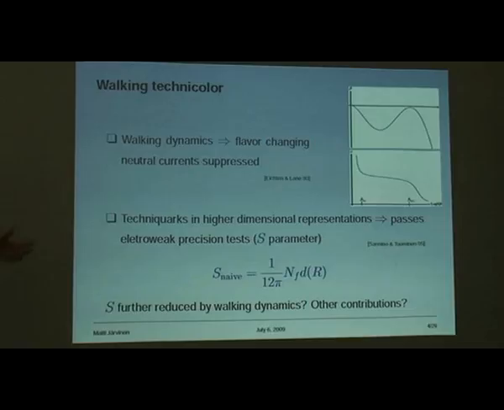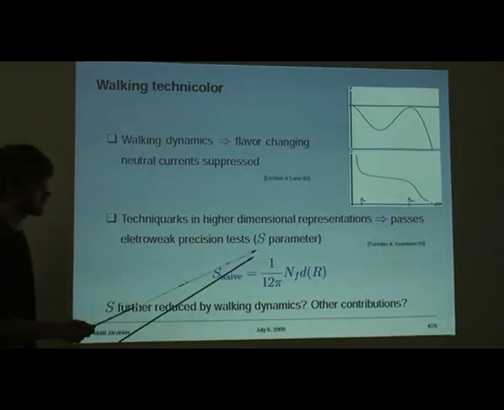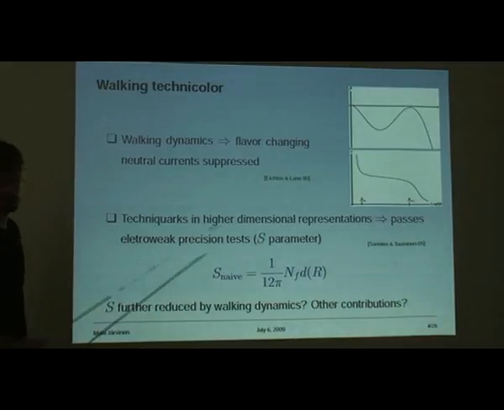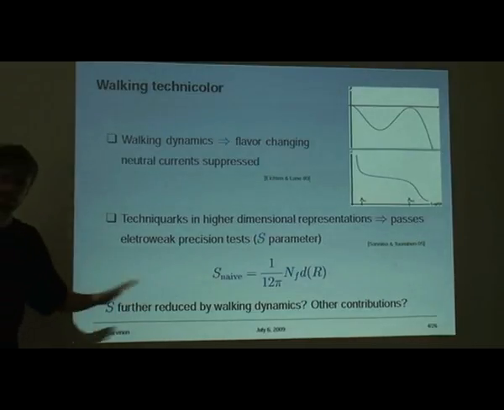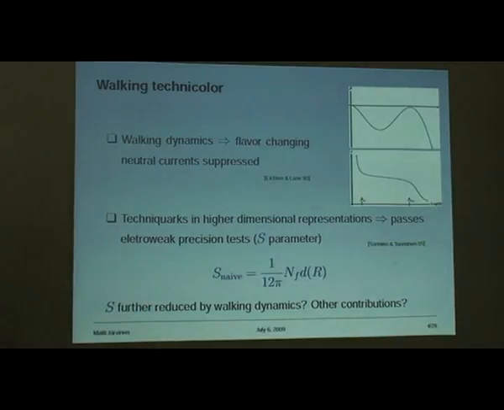These modifications can be linked to some parameters, usually S, T, and U, the Peskin-Takeuchi parameters. This S parameter is the most important for the technicolor theory. The standard model value is defined to be 0, and in these technicolor theories, you usually get larger contributions.